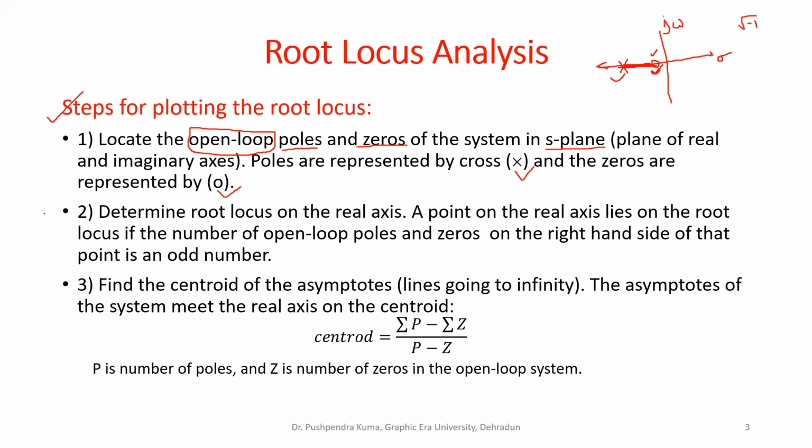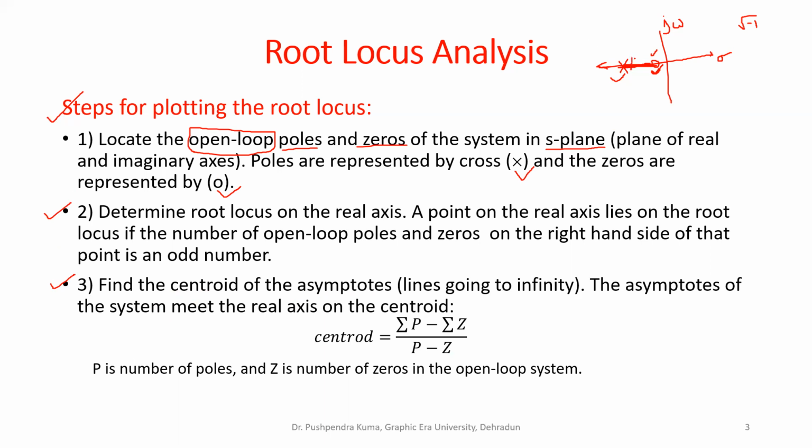Third step, after completing the second step, you go to the third one: find the centroid of the asymptotes. Asymptotes are nothing but the lines which are going to infinity. They should start at a particular point, so you should know where that point is.